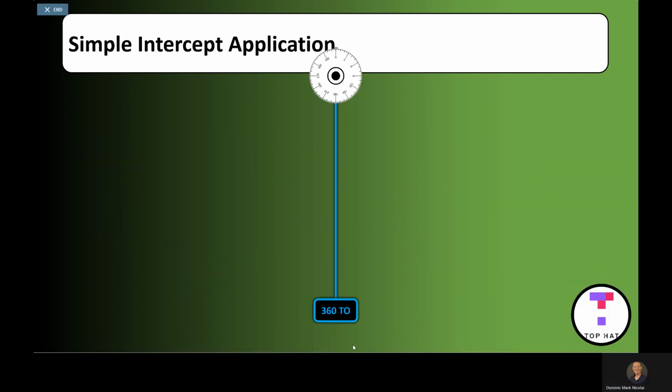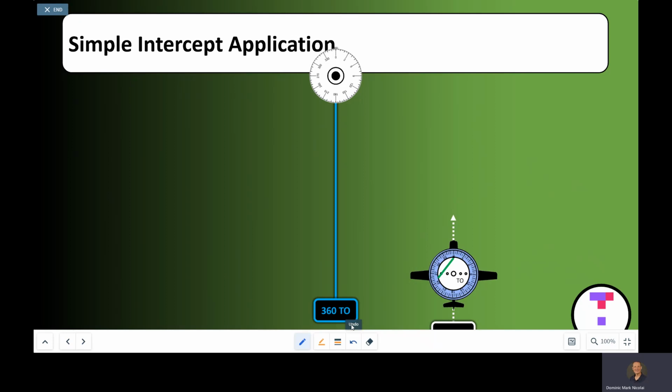Okay. So we take a peek at how we apply this if I'm flying around. And this just happened, I'm on a heading of 360 at this point, and I tune in 360 course. And I notice I have a needle deflection to the left. I instantly know my course is to my west.